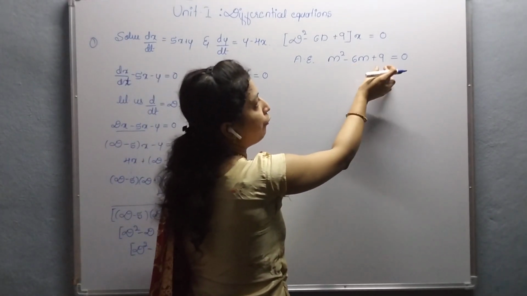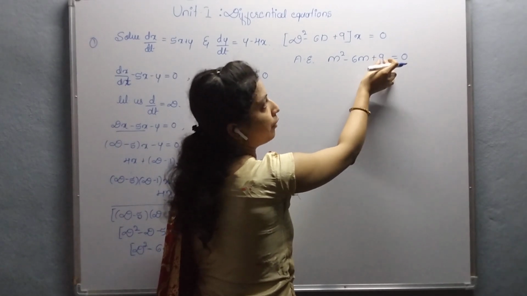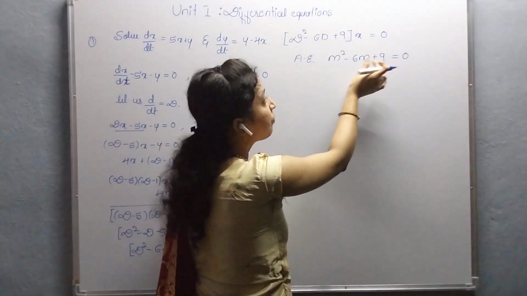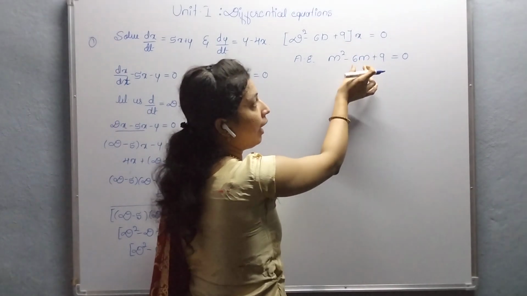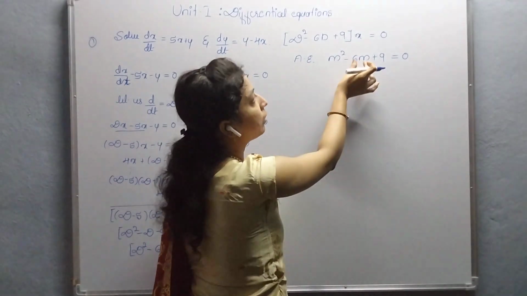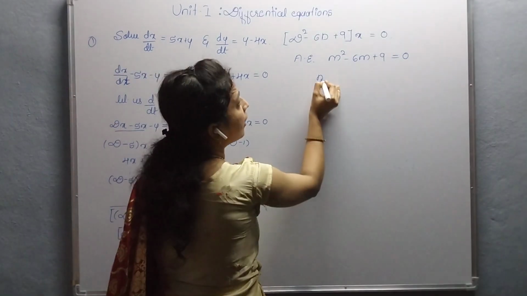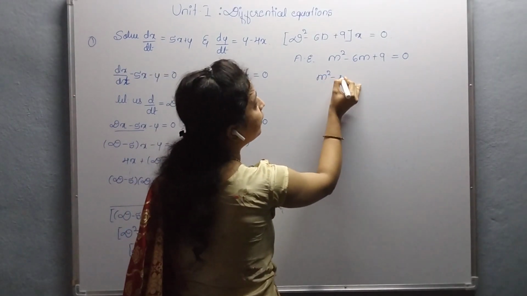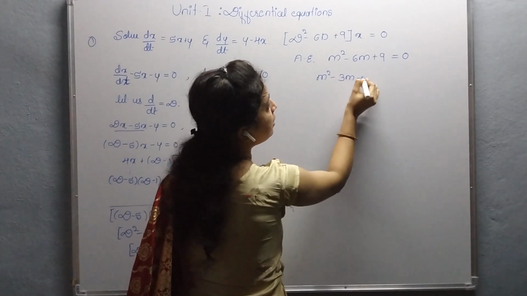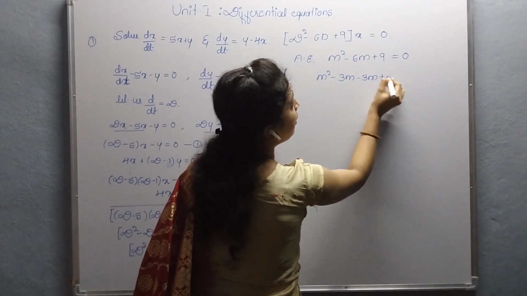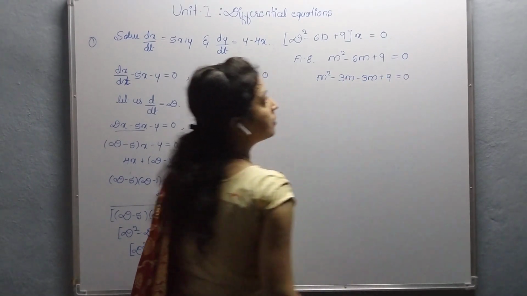It means if we multiply the two roots, we get 9, and if we add them, we get minus 6. So it means m square minus 3m minus 3m plus 9 is equal to 0.